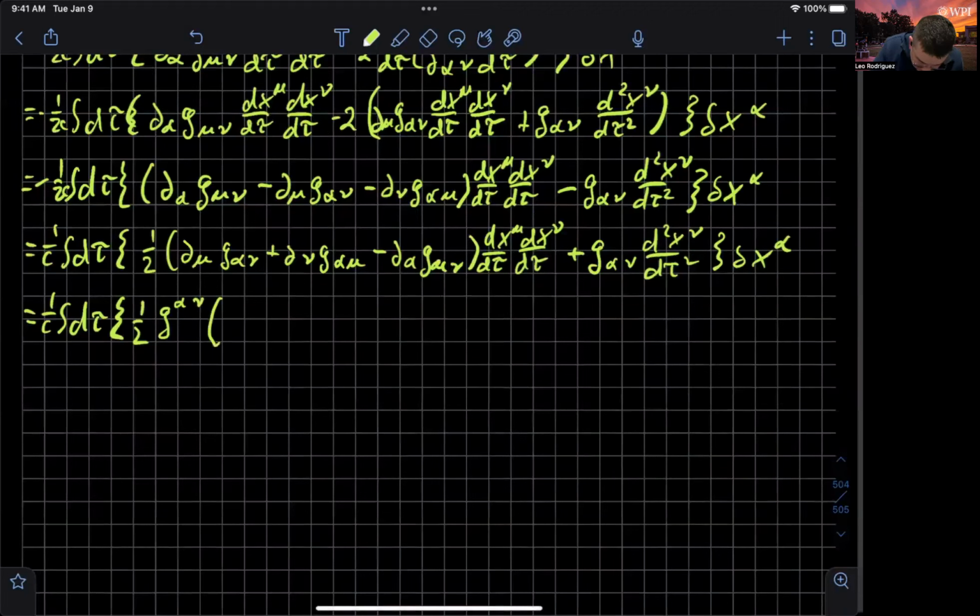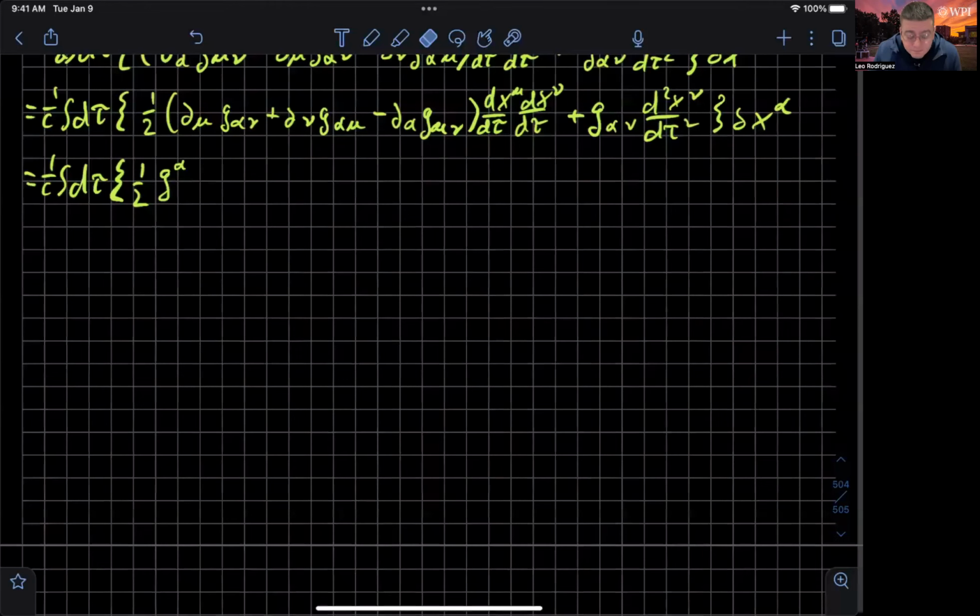No, that's not right. I don't want to use nu because I already had nu being summed over here. So basically what we're going to do is just replace alpha with some summed over index. So I can use little gamma again. And then that raises that alpha now.